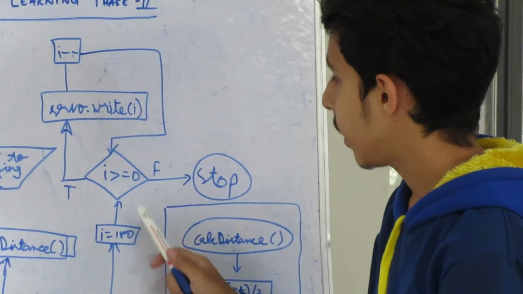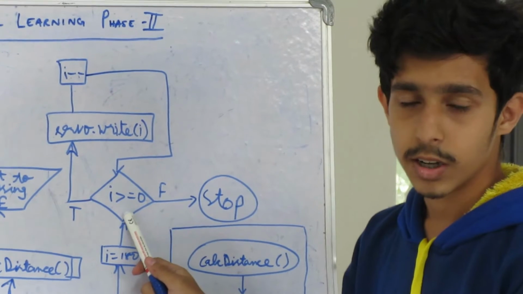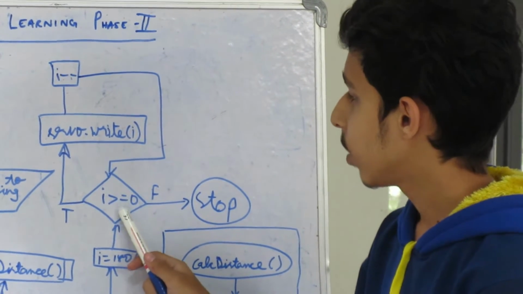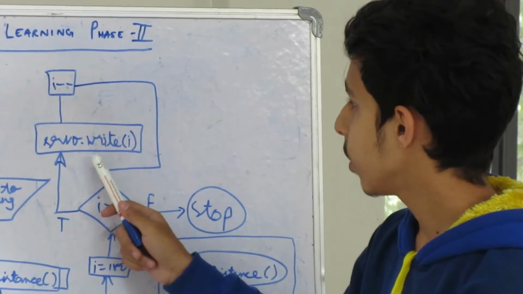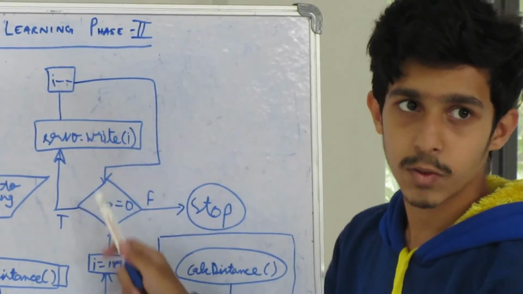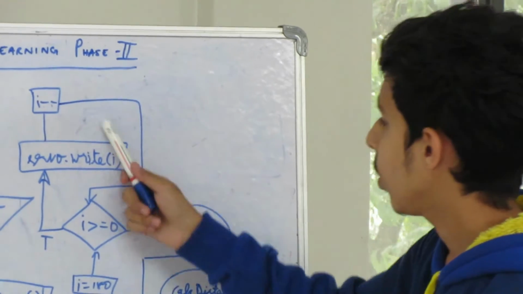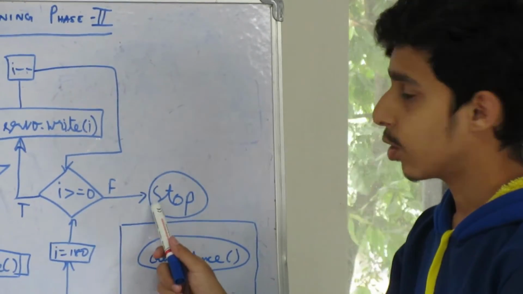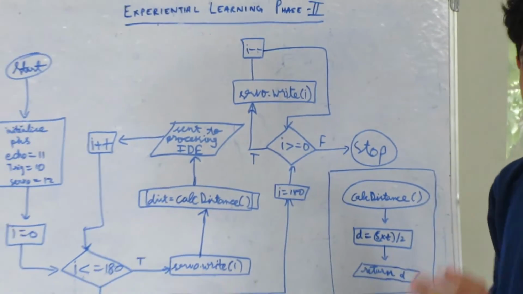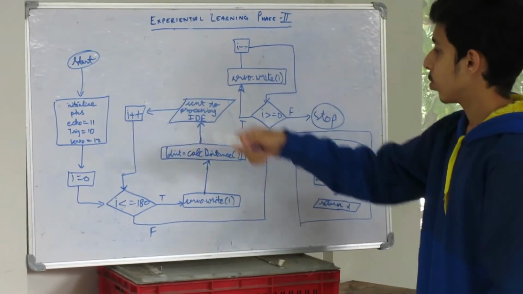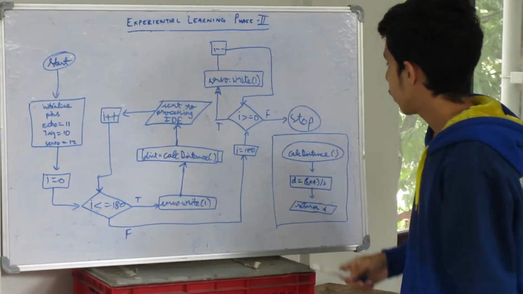So I is 180 and we check if I is greater than or equal to 0. And the same thing that we did here, we do it here. But here we decrease I from 180 to 0. And then when I reaches 0, we stop it. And this whole code is within the void loop of the Arduino code. So this whole code runs infinitely.